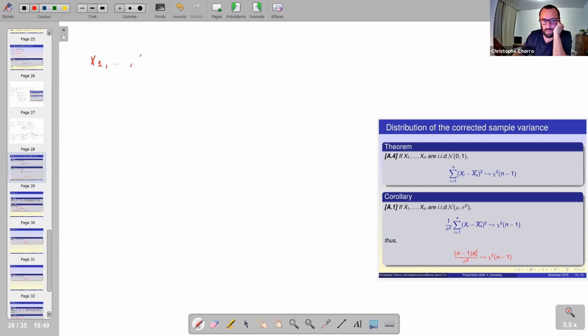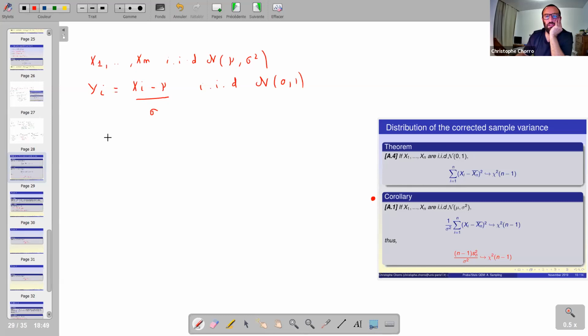So my X1, ..., Xn here in corollary A1 are IID N(mu, sigma squared). Of course, I can use the following transform in order to make them centered and reduced, that is to obtain standard Gaussian random variables. So the Yi here are IID N(0,1), and so I can use my result.